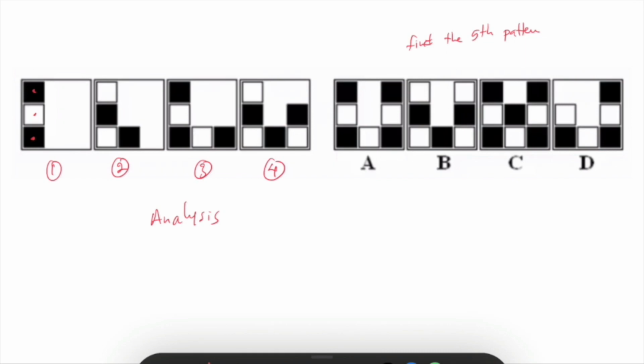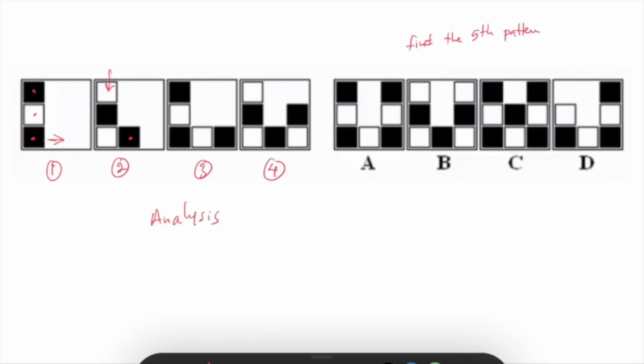Then this black square moved to the right, and a new square with a different color moved inward from up there. That continues to happen in pattern 3 and in pattern 4.